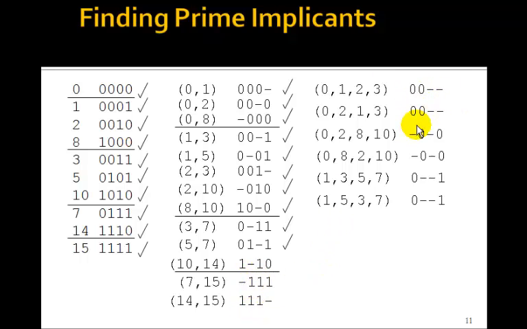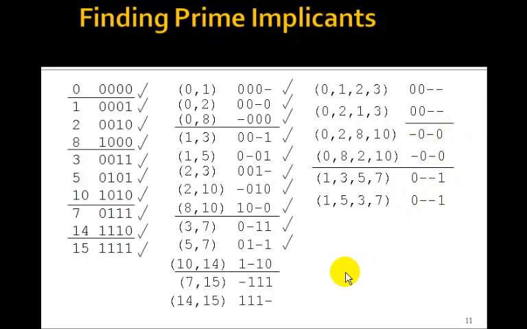Well, let's draw a line over here. We'll draw a little line here because these are the same. We'll draw a big line here because these have zeros and ones, but dashes don't line up, so we're done. All unchecked ones are prime implicants. How many do we have? 1, 2, 3, 4, 5, 6.